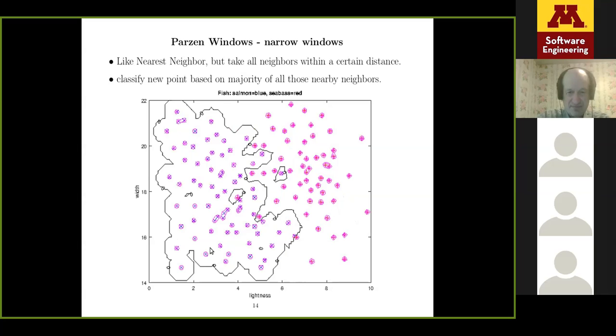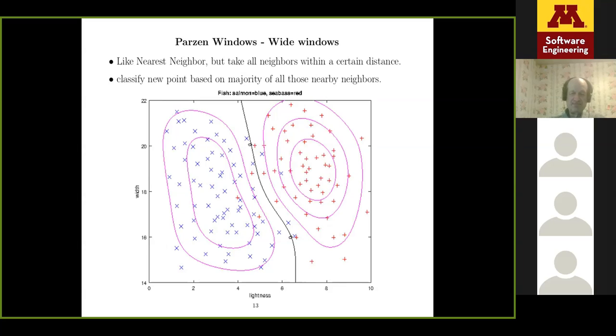In this particular case, since I think the sea bass is slightly more numerous than the salmon, the salmon area is closed and the sea bass area is open. Often, if you use a wide area and slow dissipation, then you can get rather smooth, non-linear separators that can actually do quite a good job.